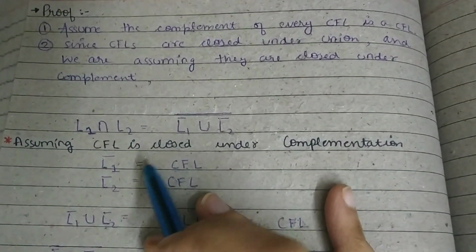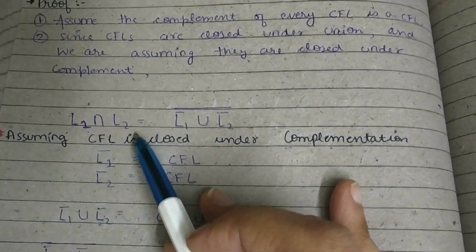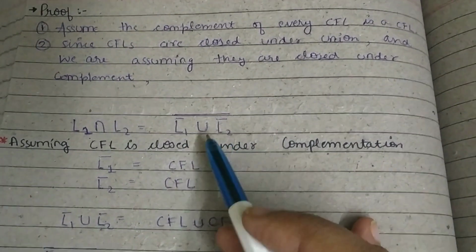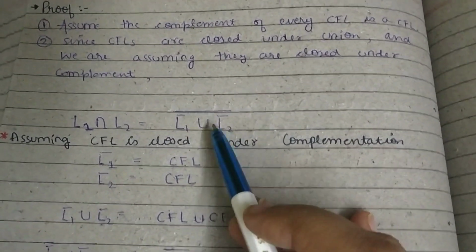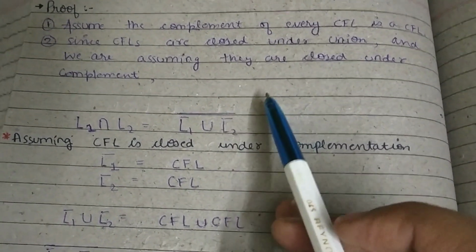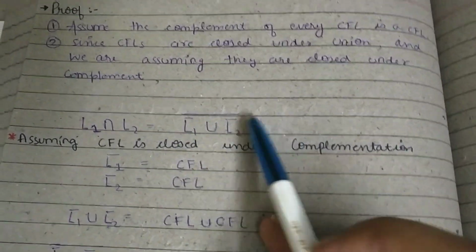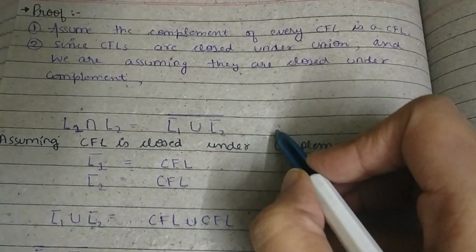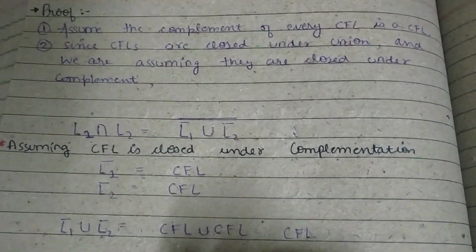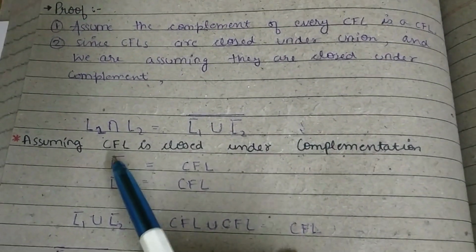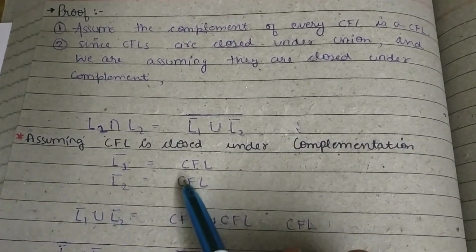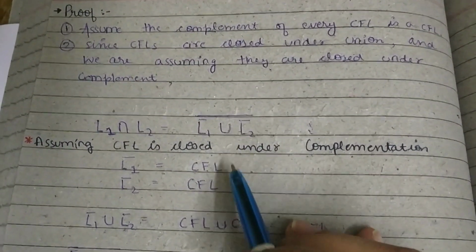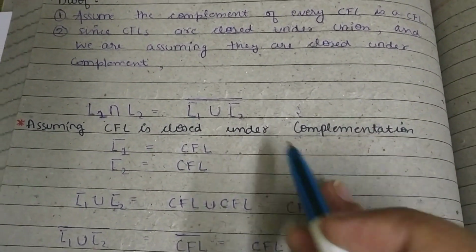So, L1 intersection L2 is equal to the complement of (L1 complement union L2 complement), which is De Morgan's law, right? So, we are assuming that CFLs, that is context-free languages, are closed under complementation.